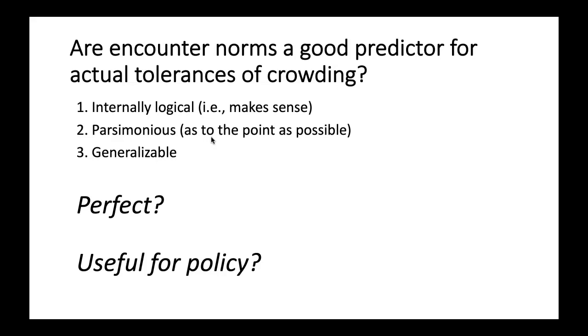Is it useful for thinking about how many visitors ought to be allowed in particular places, like the Boundary Waters, which is a federally designated wilderness, or the Three Sisters Wilderness out in Oregon, which I used to be a wilderness ranger at, that now has, in certain areas, a limited number of users that are allowed in the wilderness, right? So could it be useful for policy? I think so.